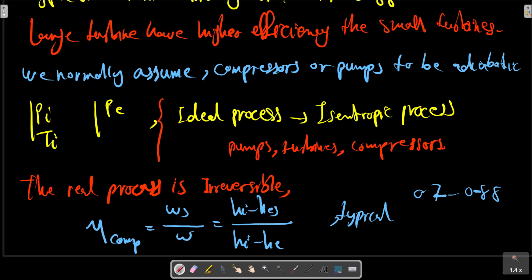If an effort is made to cool a gas during compression by using a water jacket or fins, the ideal process is considered a reversible isothermal process, the work input for which is Wt, compared to the larger W required for the real compressor. The efficiency of the compressor can then be written as Wt over W.